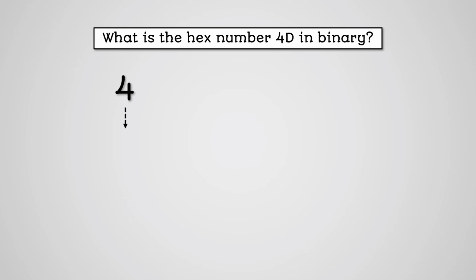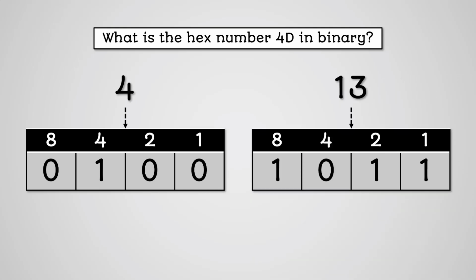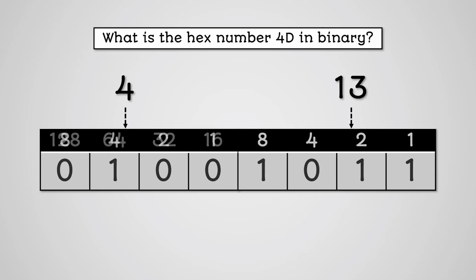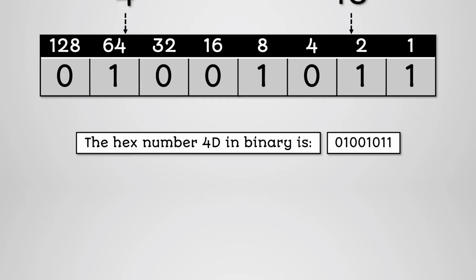First we convert the number 4 into binary. Then we convert D, which is the number 13 in decimal, into binary. Then we simply stick them together. There we have it. 4D in binary is 01001011.